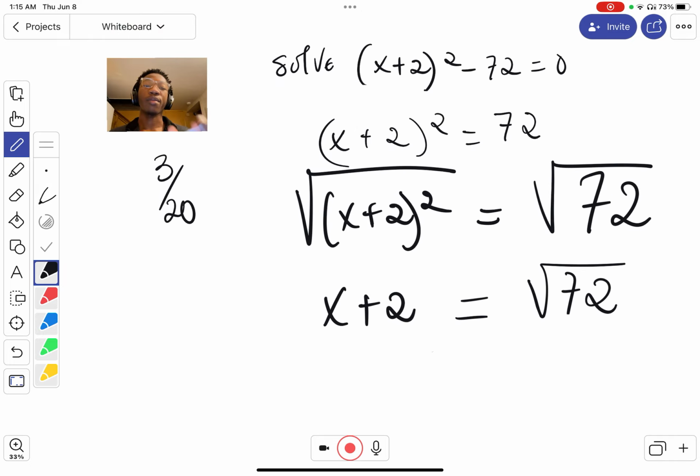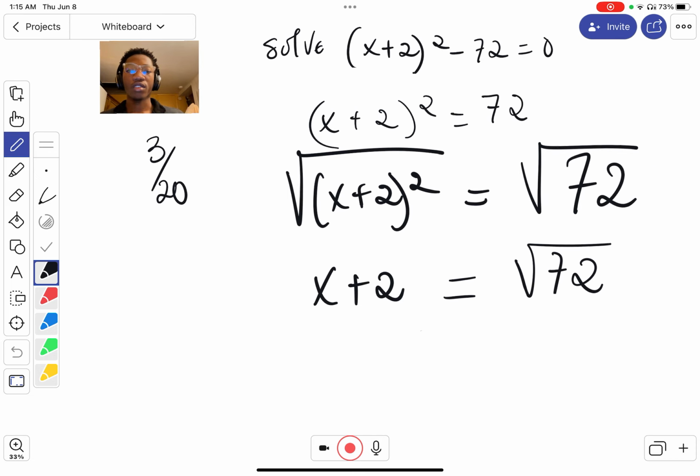So we're going to simplify the radical as much as possible in order to get our final answer. The way we do that is by finding a perfect square and a random number, and you multiply them.